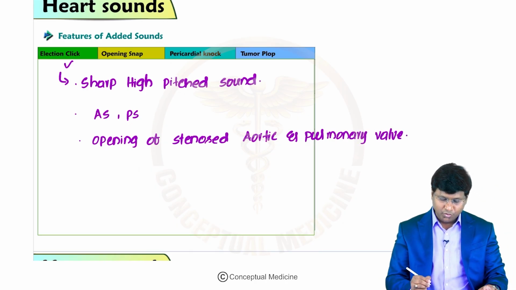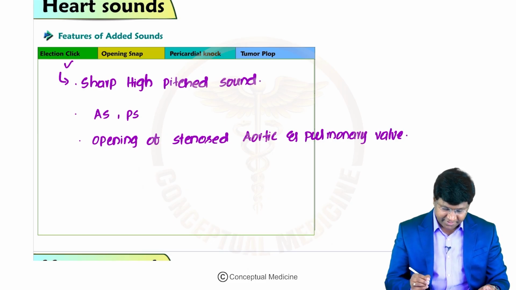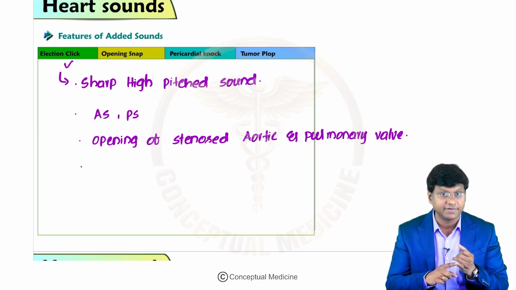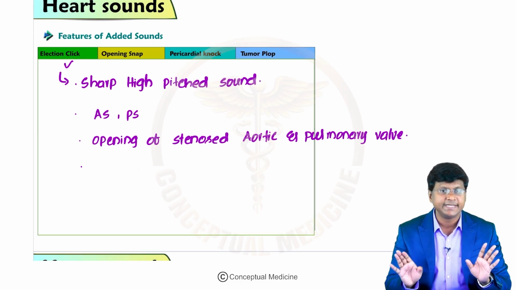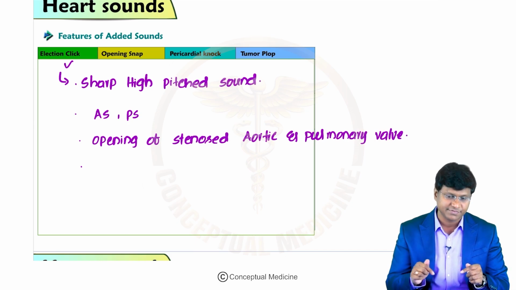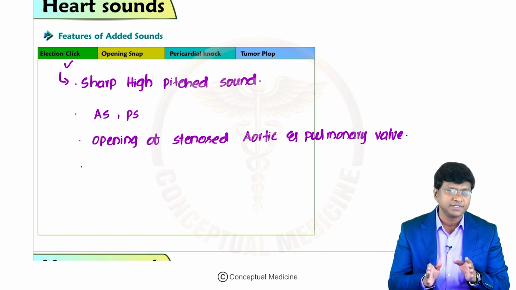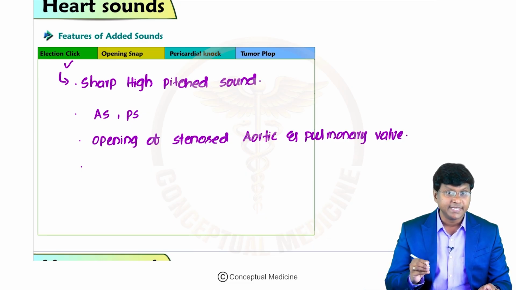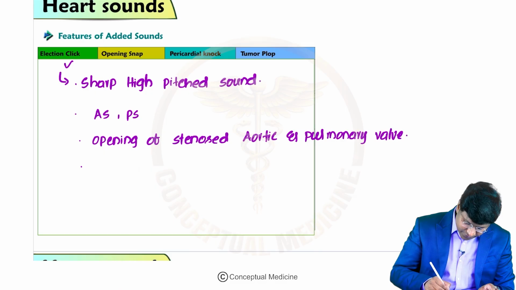Normal opening of the aortic valve and pulmonary valve does not produce any sound. But if it is a stenosed aortic valve or stenosed pulmonary valve, when it opens, it will produce a sound, and that is nothing but your ejection click. And let me tell you, it is a systolic sound.